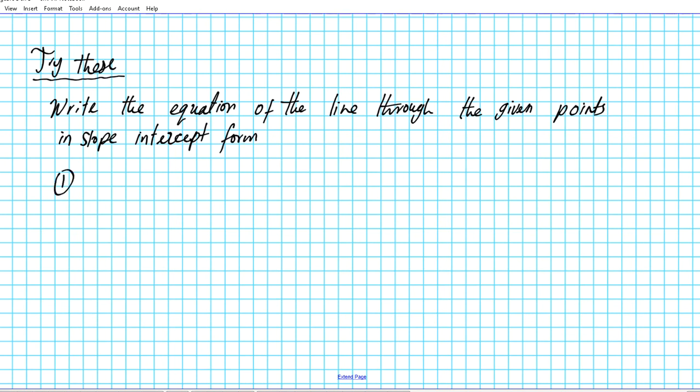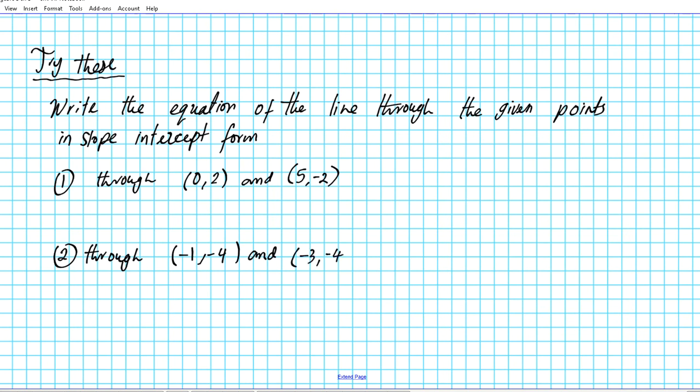Alrighty, question number 1. Let's say you have the line that goes through points 0, 2 and 5, -2. Number 2, what if you have the line that goes through -1, -4 and -3, -4?